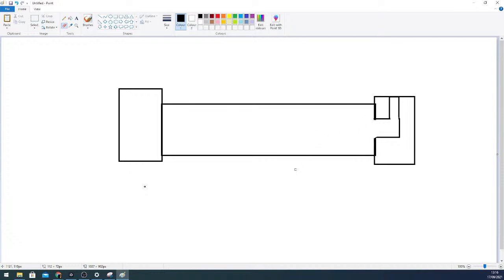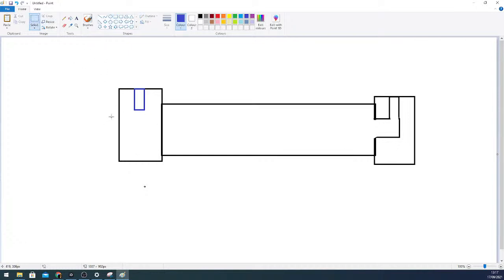So the cross section of the cylinder kind of looks like this. The compressed air can enter the cylinder from here, if we are talking about pneumatic cylinders. And the ports are on both ends of the cylinder, in the front end and in the back end. So this is the front end cap and this is the back end cap.